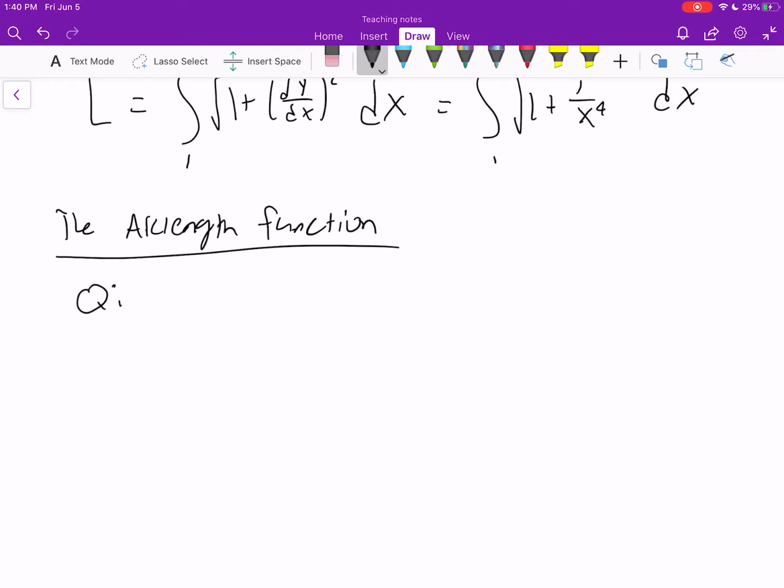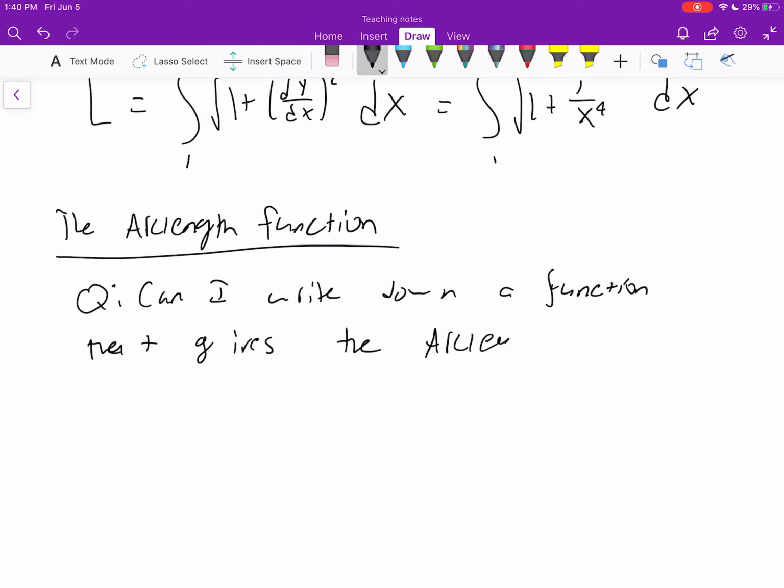So the question is, can I write down a function that gives the arc length starting from some point p0 to any point I wish?